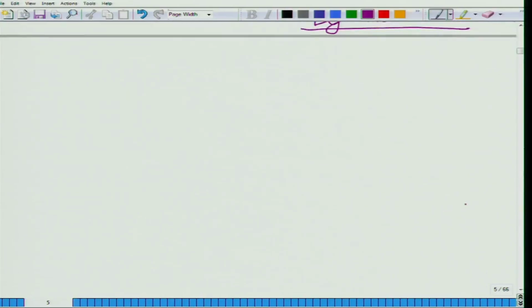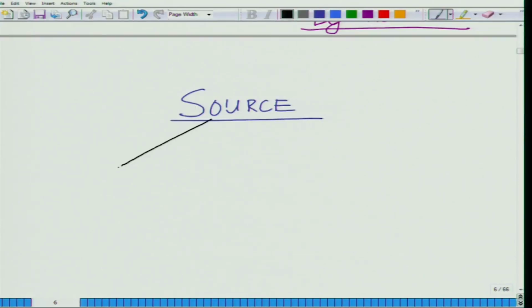Okay. So, let us typically consider a source. As we have said, a source generates messages. Let us say the source generates symbols S0, S1, and so on up to Sn minus 1.